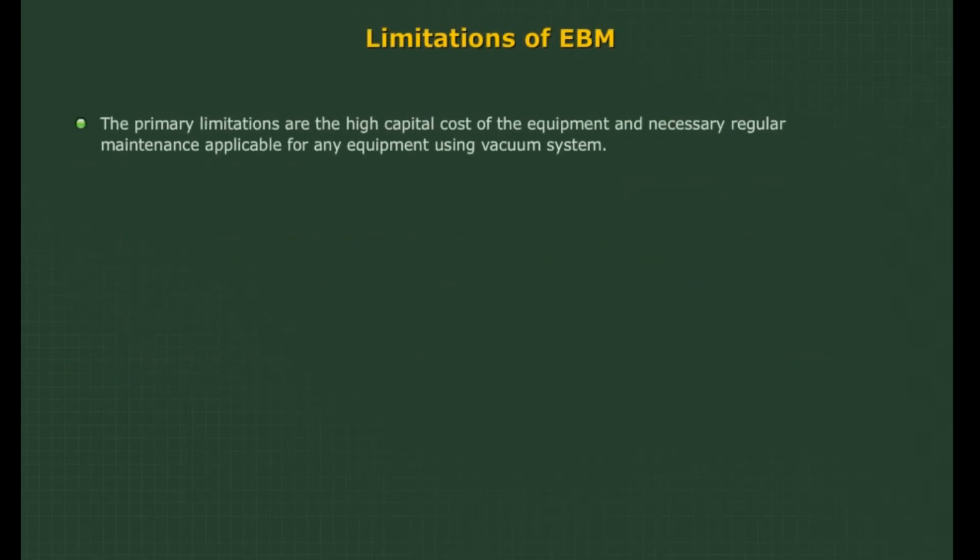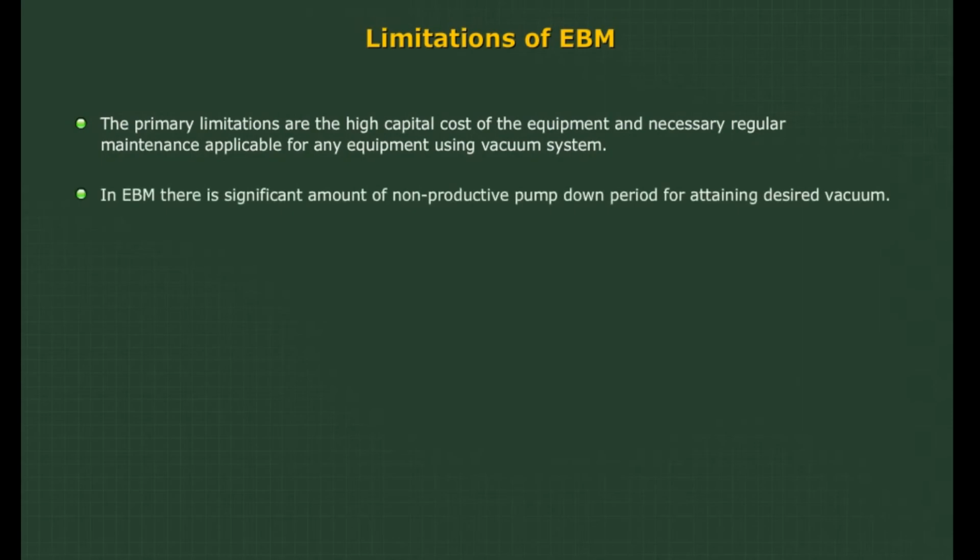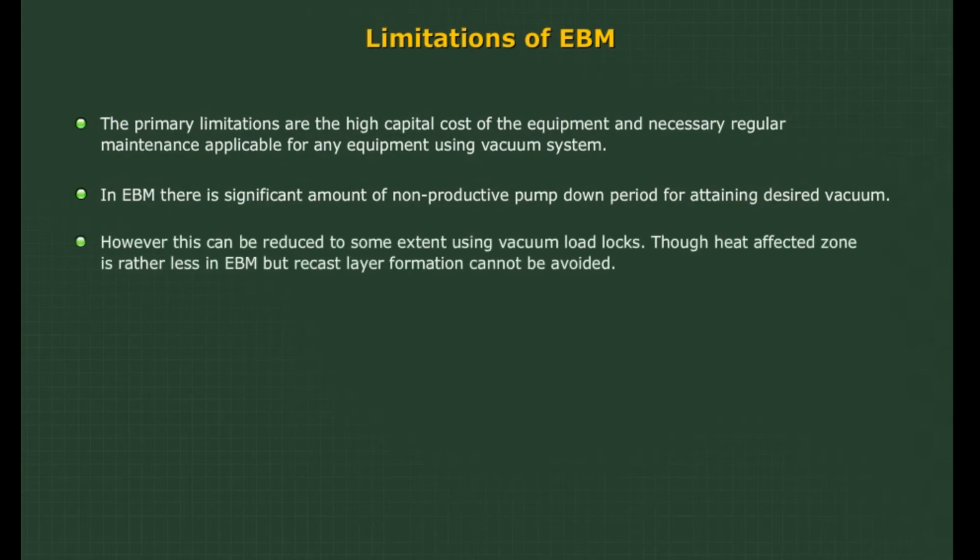Limitations of EBM. The primary limitations are the high capital cost of the equipment and necessary regular maintenance applicable for any equipment using vacuum system. In EBM, there is a significant amount of non-productive pump-down period for attaining desired vacuum. However, this can be reduced to some extent using vacuum load locks.